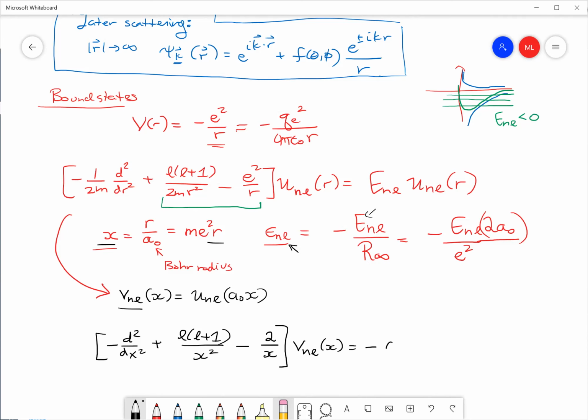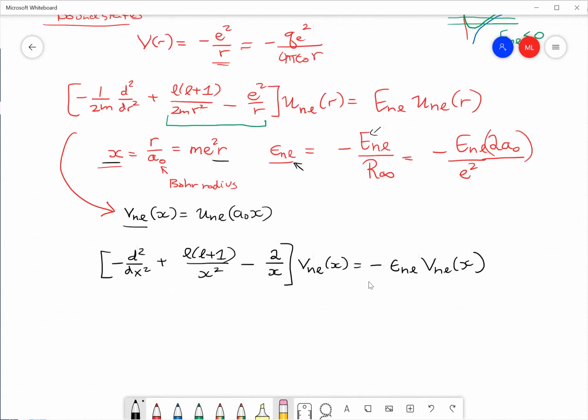And this becomes minus epsilon_L, V_L(x). And that's the equation you get. You see now there's no e squareds, no m's. You just get x's, right? You get some epsilon, which is a dimensionless number, and you get L, which is 0, 1, 2, 3, 4, 5.